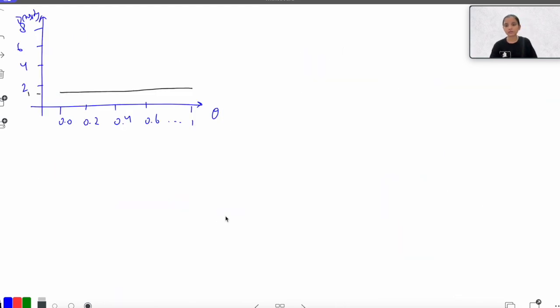Okay, so the mean, the peak of this distribution would be, let's say, somewhere here, for this density. So the posterior is, let's say, I don't have the accurate curve, but it would be somewhere like this. Okay, so that is the curve for the beta for the posterior, and that will be the curve for the prior.